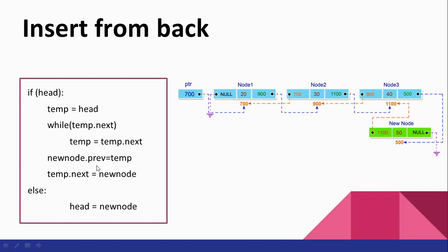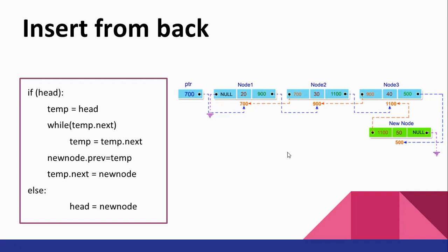So newNode.previous = temp. The previous pointer of the new node is assigned to the current position of the temp pointer, and temp.next should point to the new node. So this is the condition for inserting the new node at the end of the linked list.